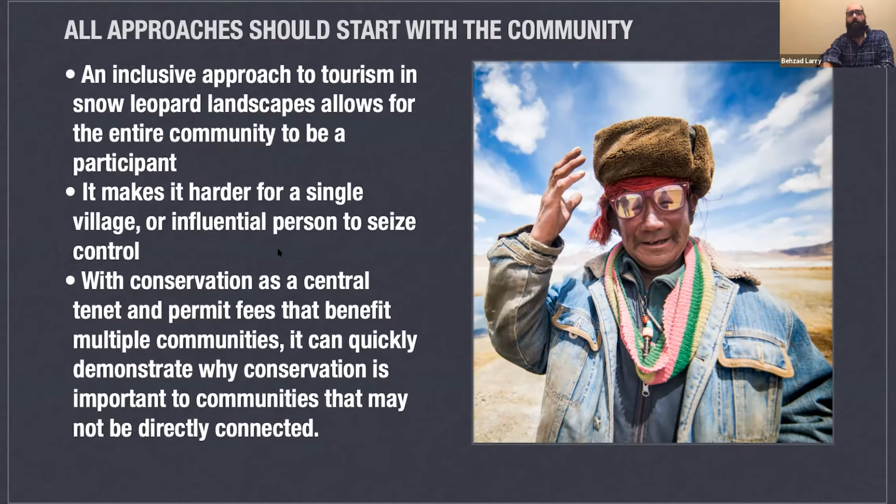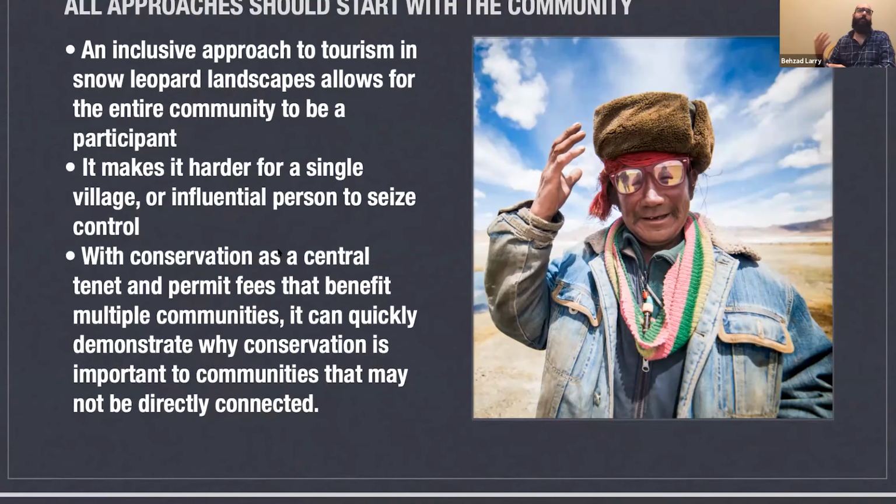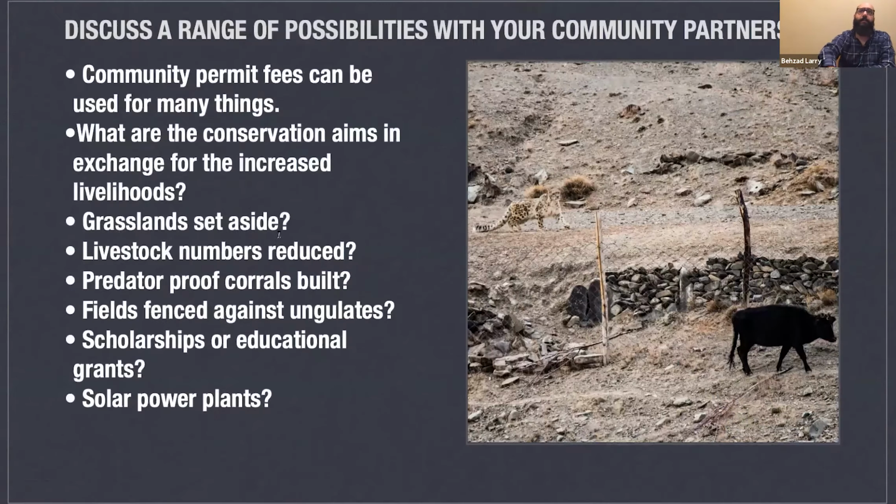So, what we think of when we're looking at this from a livestock perspective is initially, what are the conservation objectives? Whose land is being used for the snow leopard tourism? How many communities are being engaged by it? What sort of conservation goals are going to be achieved?